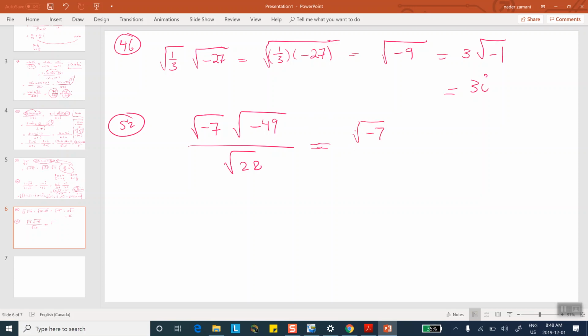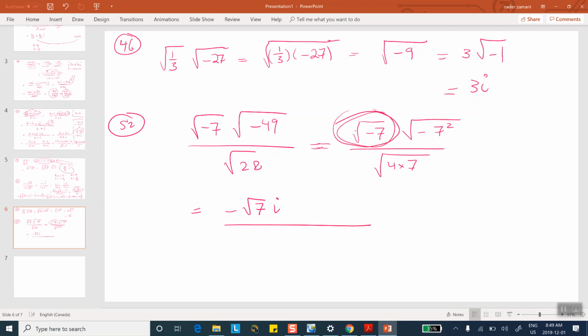Okay, minus 7. This is minus 7 squared, correct? And this is root of 4 times 7. So this thing is going to be minus root 7i. That's this guy. This fellow, let me write it like this, in a different color perhaps.